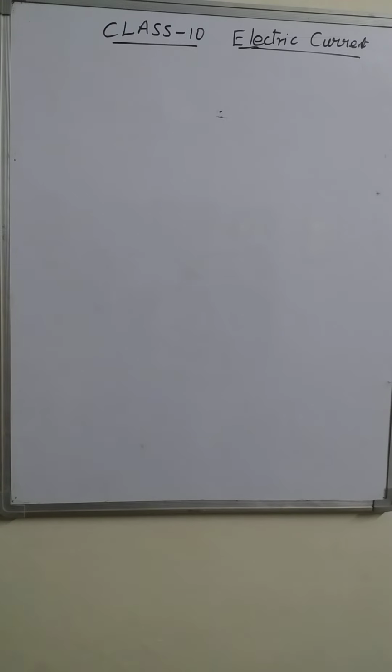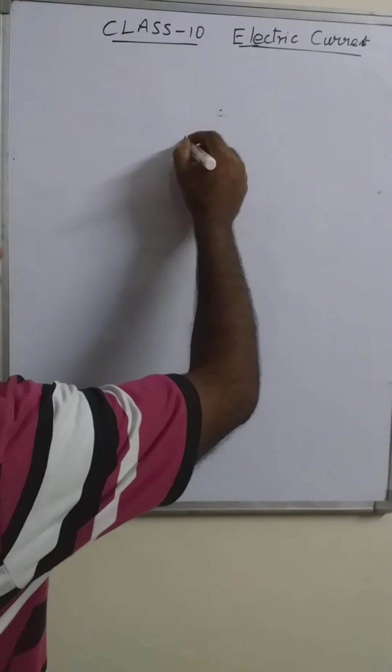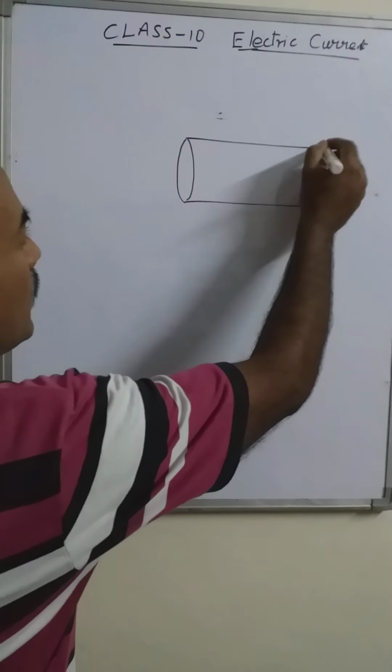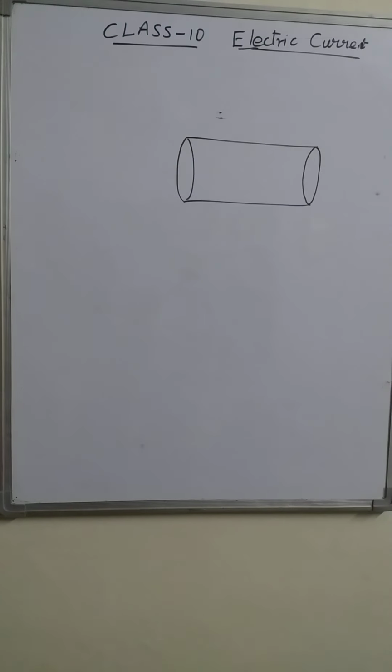Here this potential difference is required for what? We take a conductor. This is the conductor. In this conductor, we were discussing how the electric current flows.